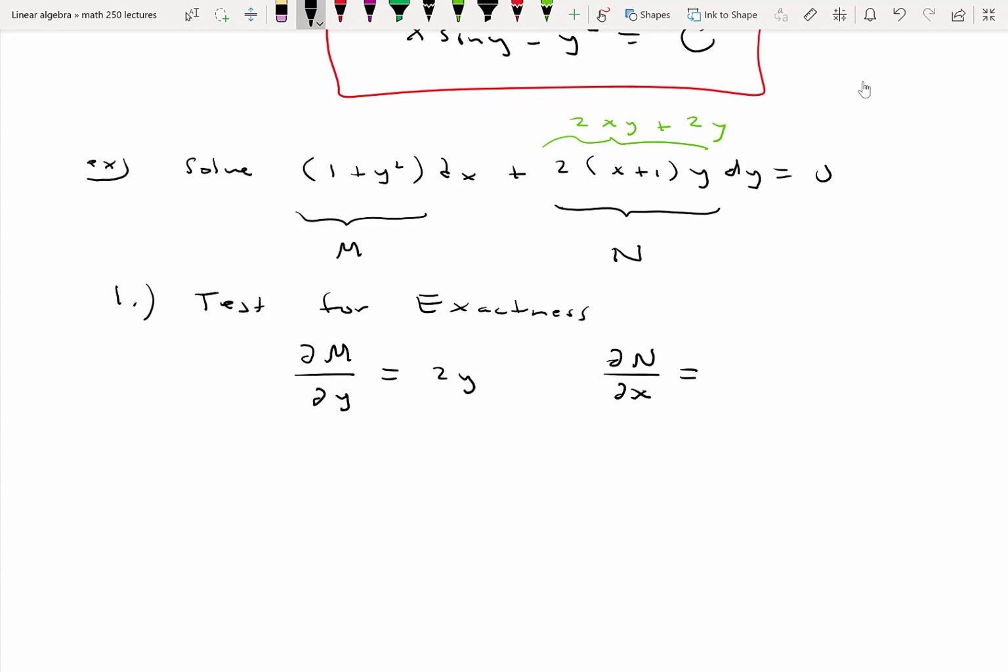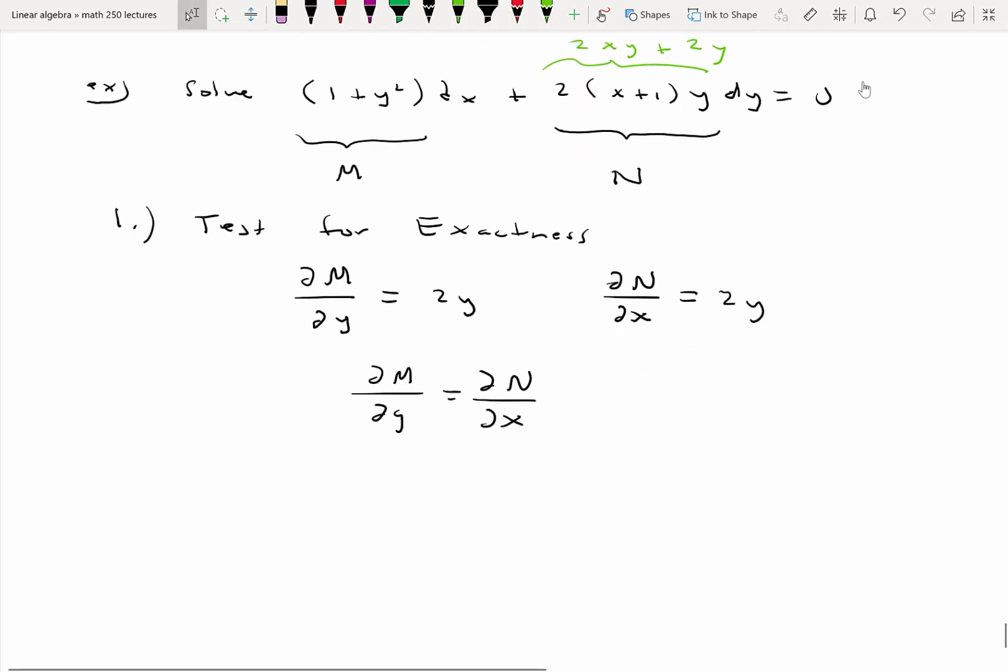The partial of 2xy with respect to x is just 2y, since the derivative of x is 1. And the partial of 2y with respect to x is 0. So partial M with respect to y equals partial N with respect to x.